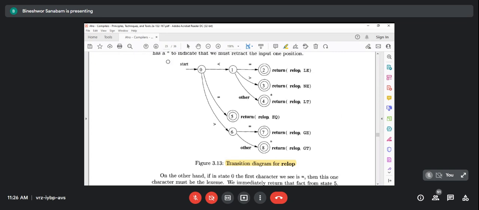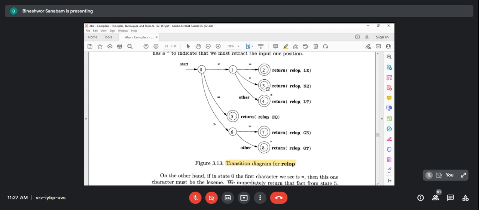Okay. So if we go to the first one, you'll have less than, then if you go to the second, that is number 2, it is less than or equal to, so it corresponds to less than or equal to.